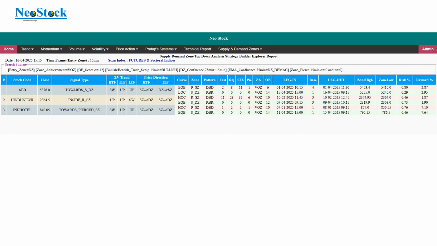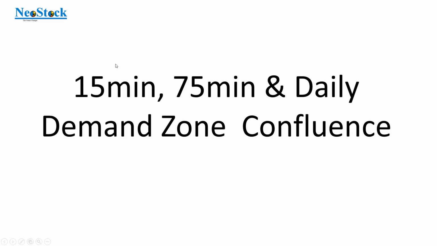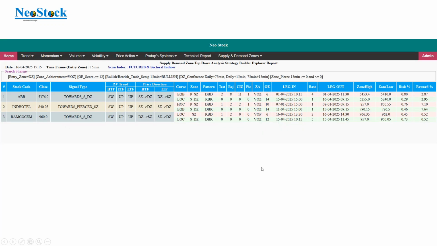Okay, next we will look into LTF, ITF and HTF demand zone confluence. That is 15 minutes, 75 minutes and daily demand zone confluence. So with these filters, we got 3 stocks.